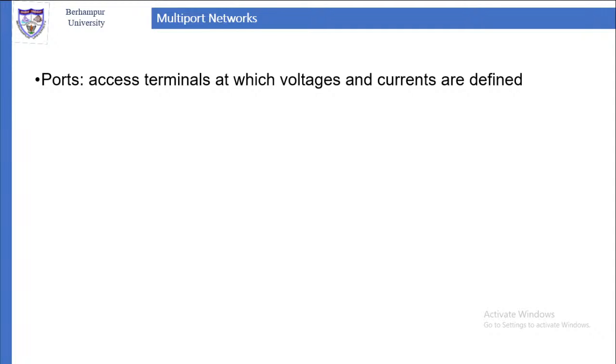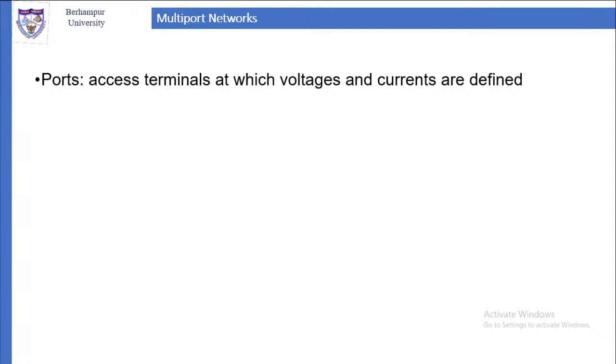As you know, when you say network, in electronics we mean a circuit. The circuit will have some points where you can give input to the circuit. It can have some points where you can take outputs from the circuit, which means you can access the circuit through these points.